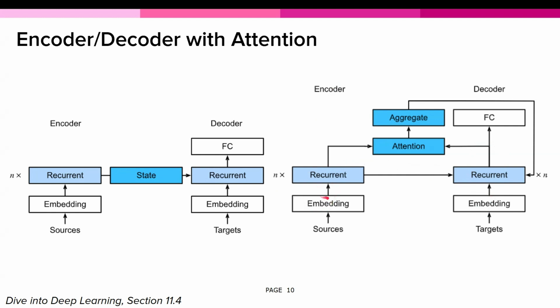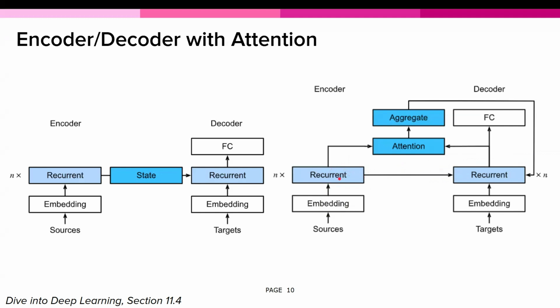So if each hidden state in the encoder represents the context and meaning associated with a specific position in the input sequence, then as the decoder is generating each word in the output, it's going to dynamically choose which parts of the encoder's outputs, that's the sequence of hidden states, to focus on.